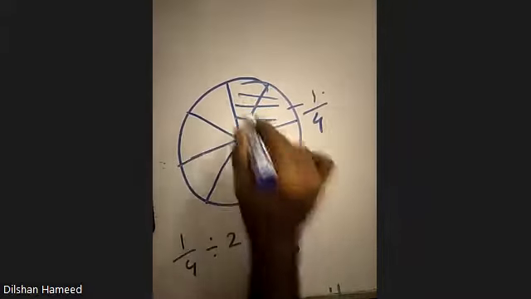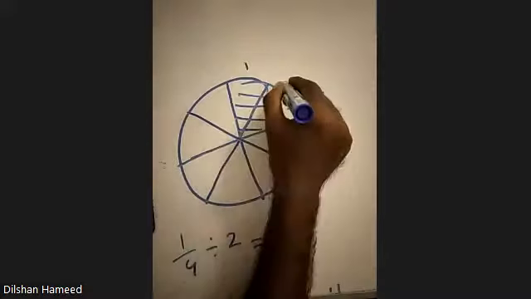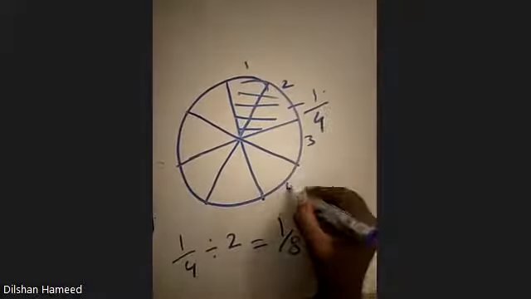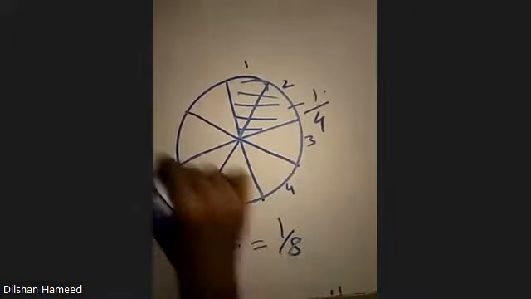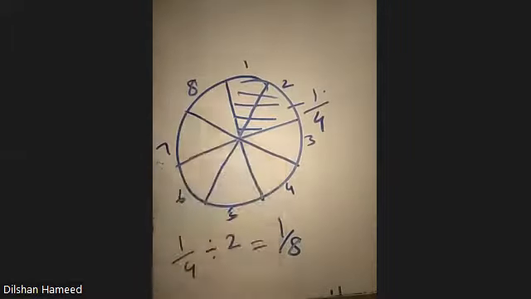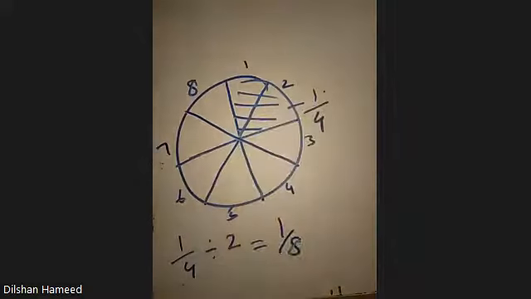So you will eat 1/8 of the pizza, and your friend will eat 1/8 of the pizza. That's why when you take a quarter and divide it into 2, you get 1/8.